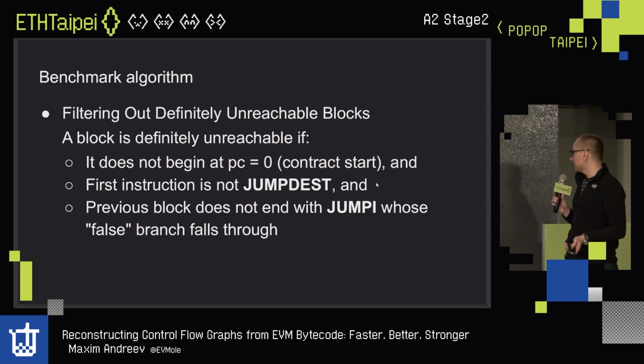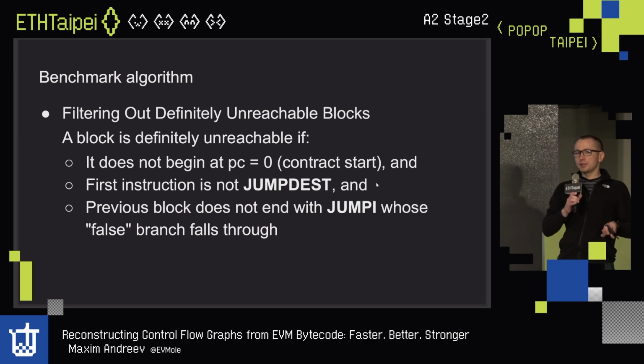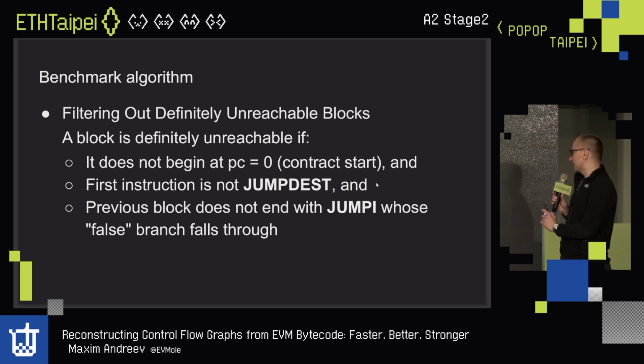Using this technique, we can find blocks which definitely cannot be reached, because in the EVM, by definition, you cannot jump to any arbitrary location inside the contract. You can jump only to a destination whose opcode is JUMPDEST. So using this technique, we can do it.